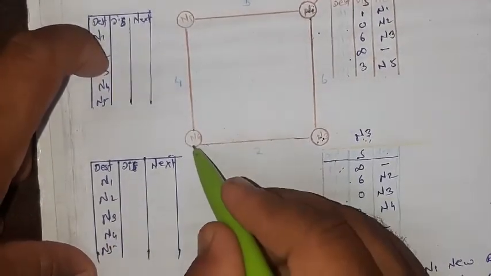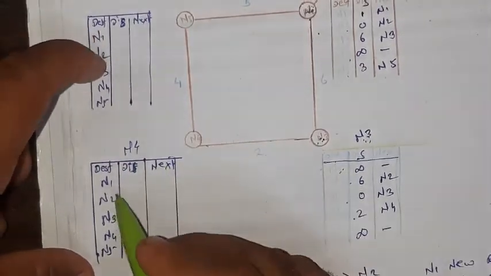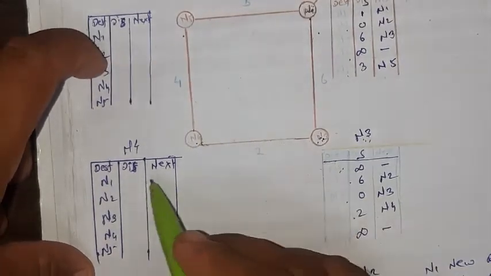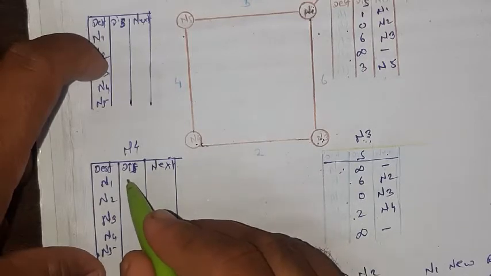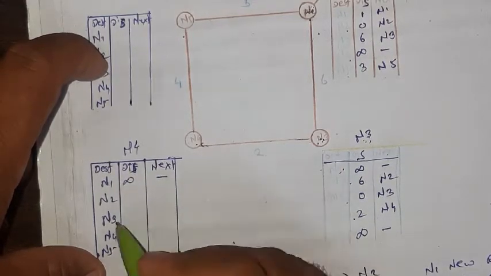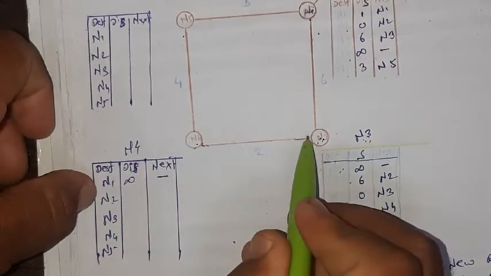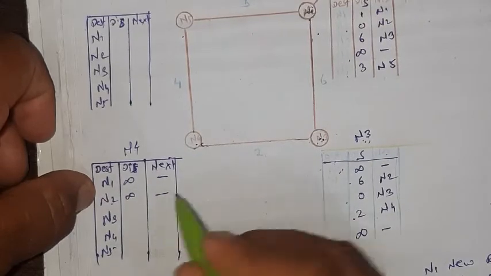Okay, the next is n4. This table is for n4. So n4 to n1: n4 only knows n5 and n3, so it is not possible for n4 to get the distance exactly, so put infinity. N4 to n2 is also not possible, so put infinity, dash.